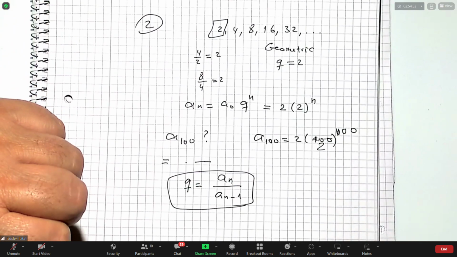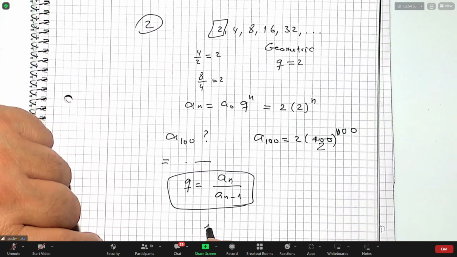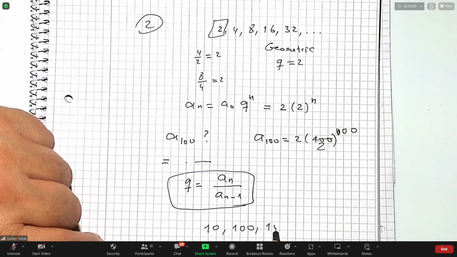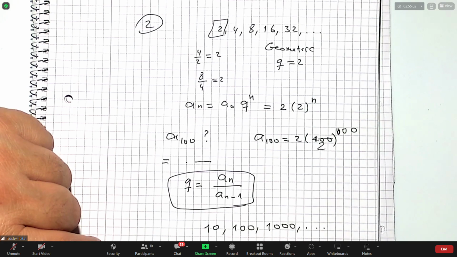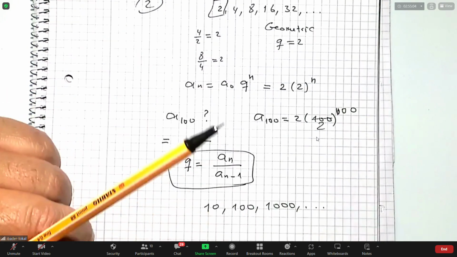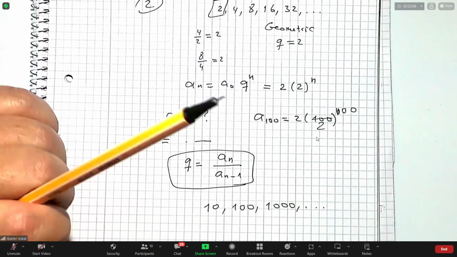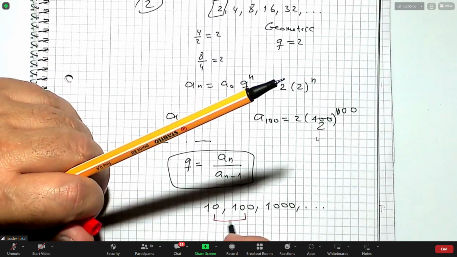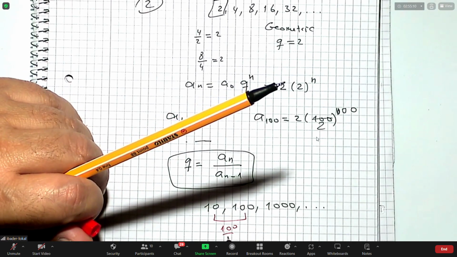For instance, if I have 10, 100, 1000, and so on, Q is this divided by that: 100 over 10.